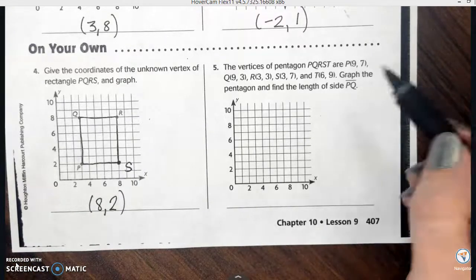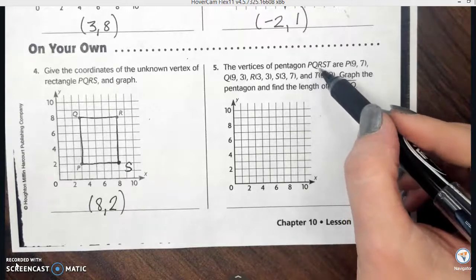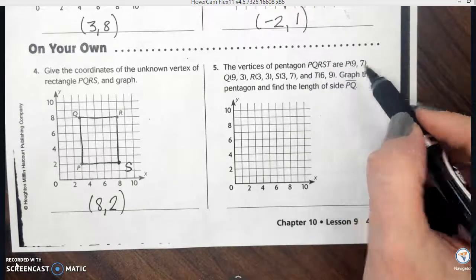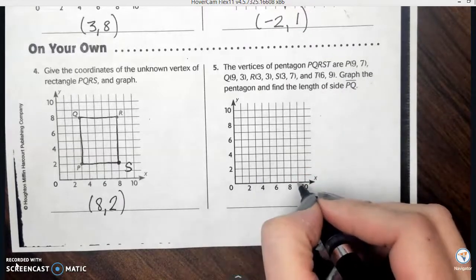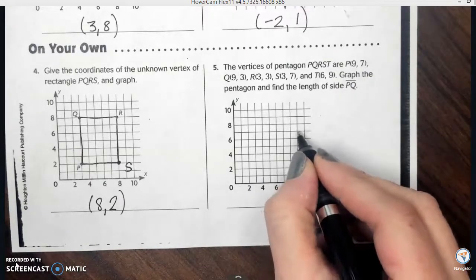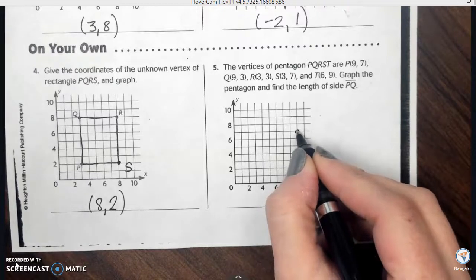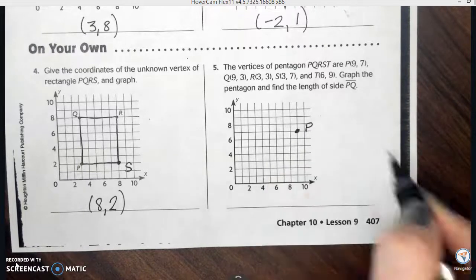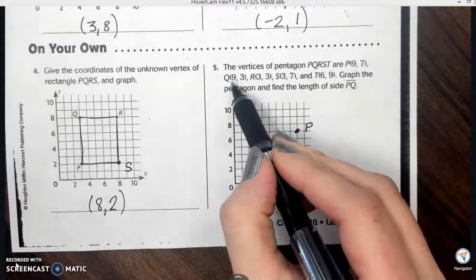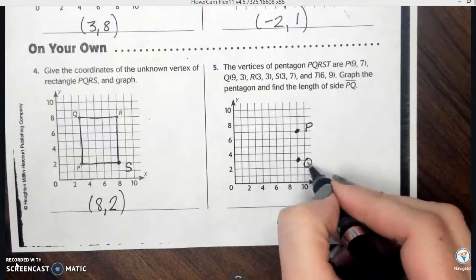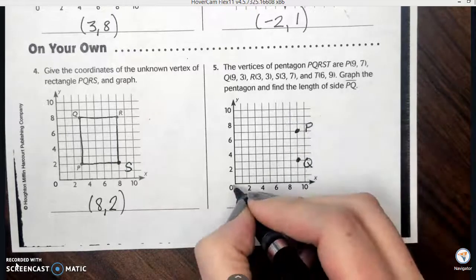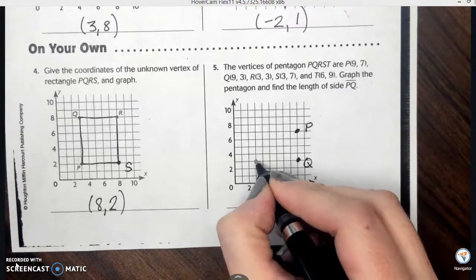Number 5, the vertices of pentagon PQRST. P is 9, 7, so I'm going to plot it, go over to 9, up to 7, okay, right there. So I'm going to label this P. Then I have Q is at 9, 3. R is at 3, 3.